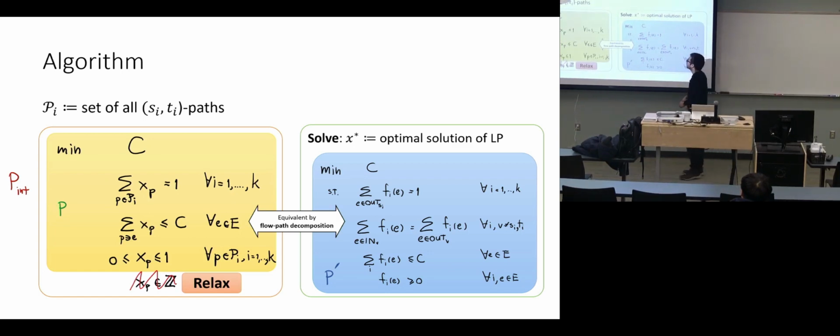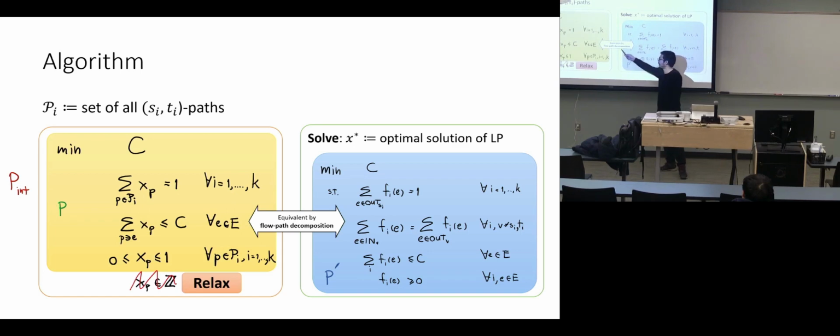And now, my claim is that once you solve this, and you see this is an LP with just polynomial size, the number of variables and constraints is just polynomially many. So you can solve this LP. Okay, but I claim that once you solve this LP, you can actually extract your solution from this LP to this one. And how?